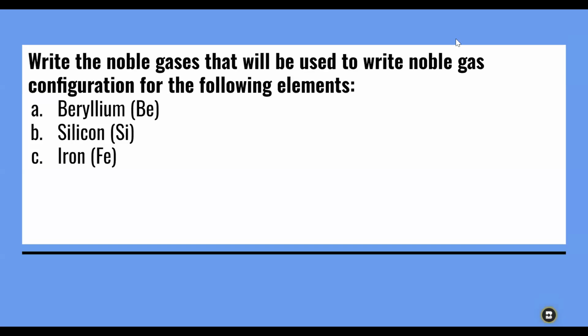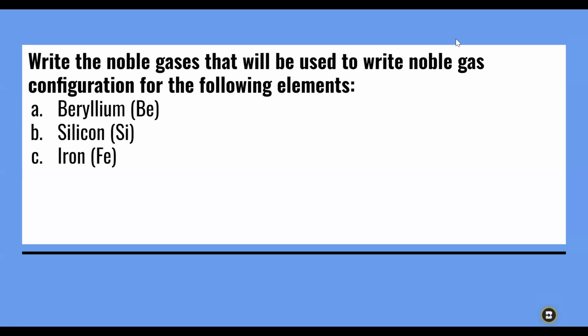So let's do the practice question. Which noble gas do we use if you want to write abbreviated electron configuration, or noble gas notation, for beryllium? Which noble gas do we need if you want to write for silicon or for iron? Which noble gas do we need?